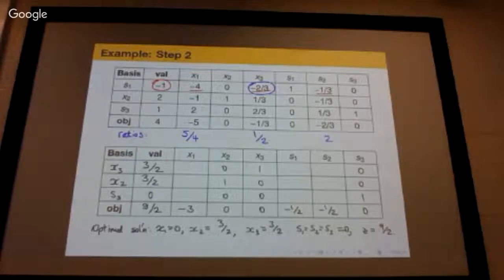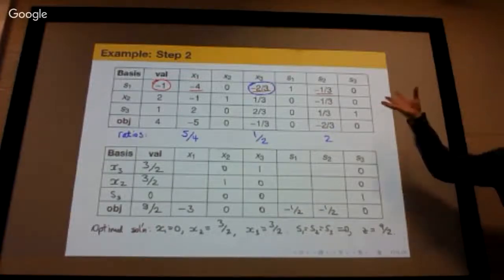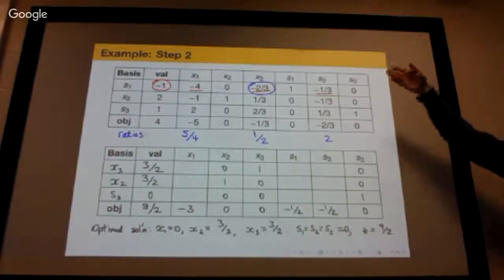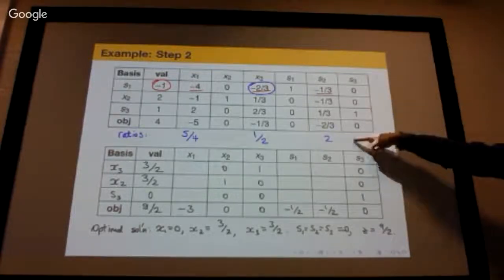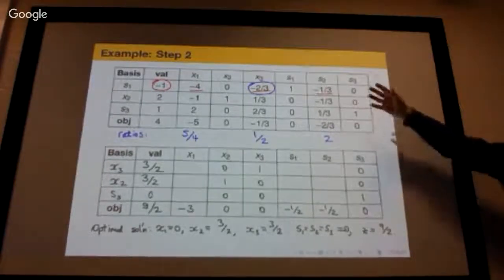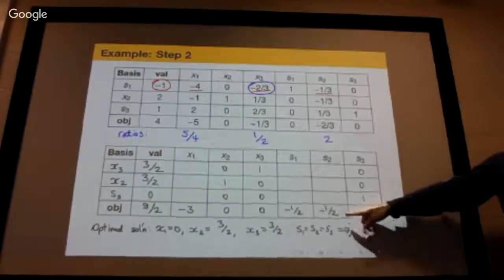What we made sure in the primal pivoting was that we wouldn't get any negative values in the value column. And so this ratio test, kind of dually or transposively, if you like, makes sure that we don't get any positive values in the objective row.